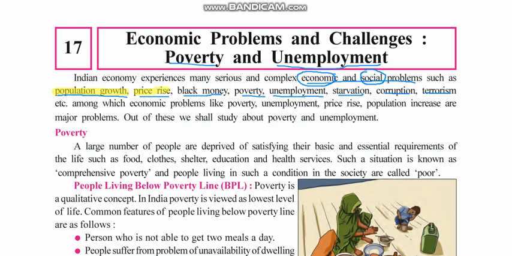Next is price rise. Price rise means the rising of the price of essential commodities. Now, price rise happens, right? But you get affected by it when the prices of essential commodities start rising. For example, say the price of a Mercedes Benz car goes up by 5 lakh rupees, it won't affect the people of India. Why?